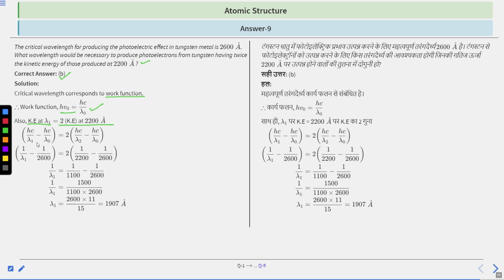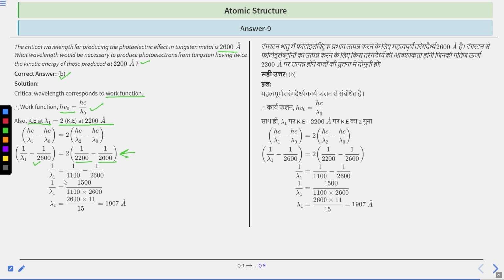Let's put the values. Lambda naught will be 2600 because initial wavelength is given, and it is equal to twice of lambda 2, which is 2200, minus lambda naught, which is 2600. hc just cancelled out because it is present in both left hand side and right hand side. Now let's equate this equation.